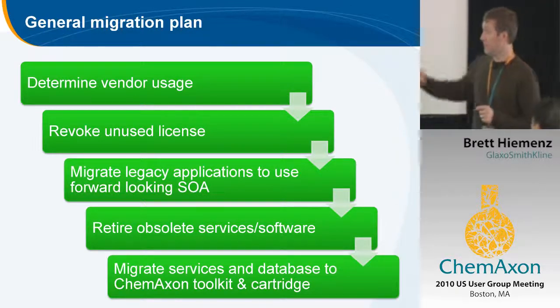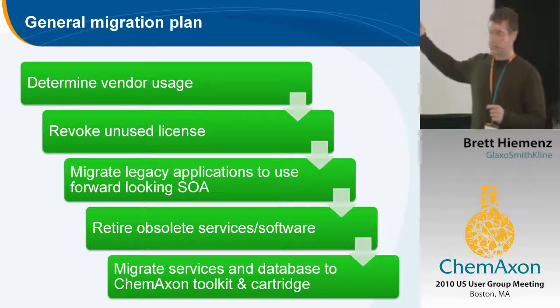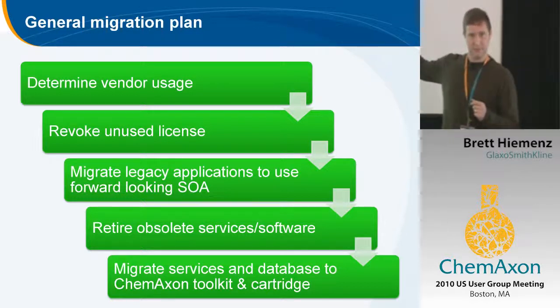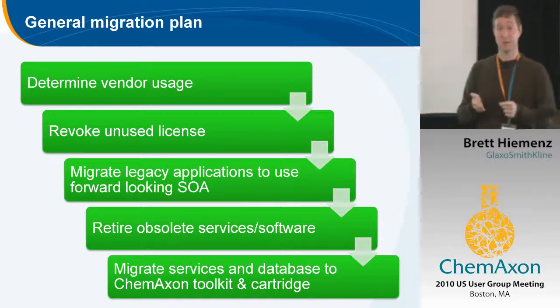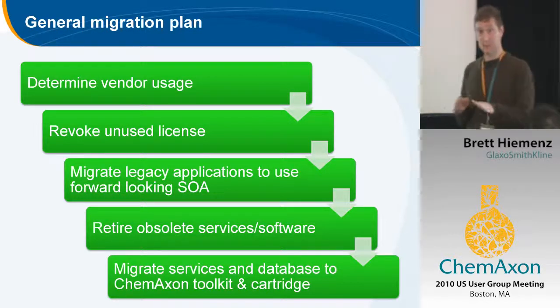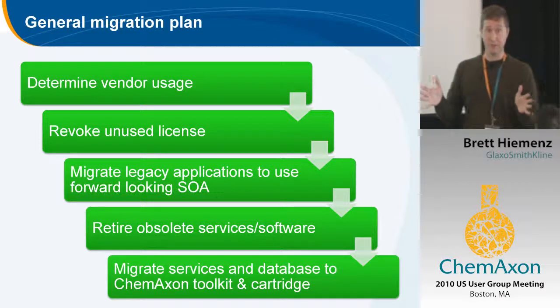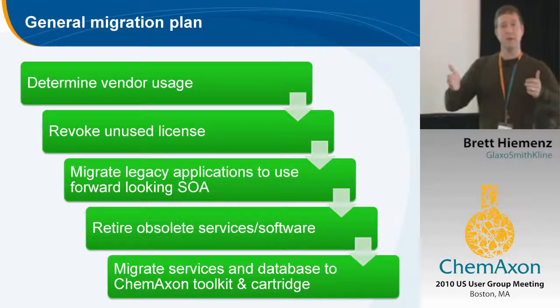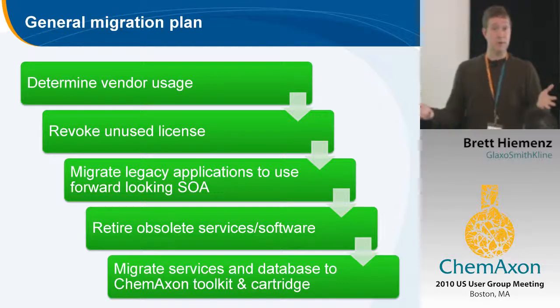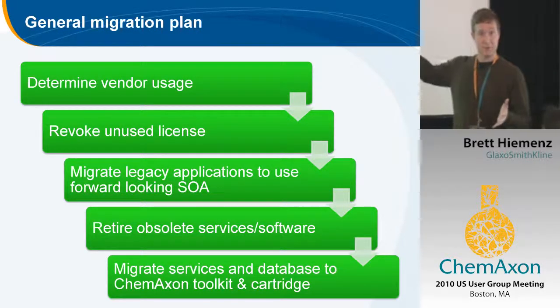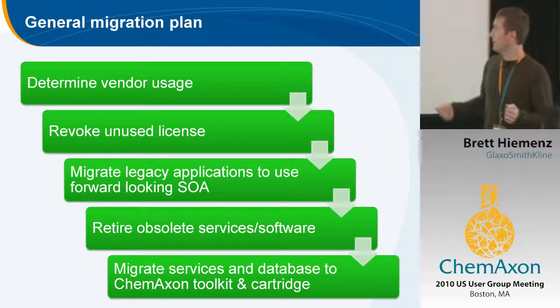Or, if we find that they are used, we try to take some of these important applications and migrate them to service-oriented architecture. Not directly to ChemAxon specifically, or any technology, except that service-oriented architecture allows us to put whatever vendor under the hood. So we move them to the services that we had in place.